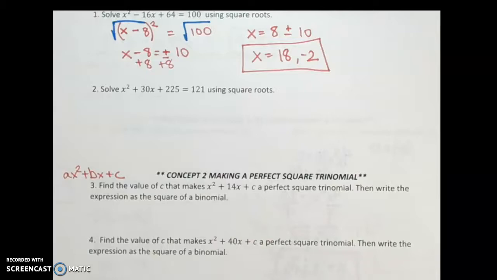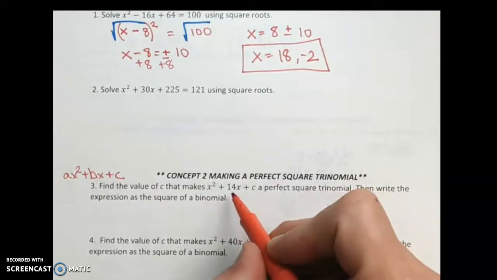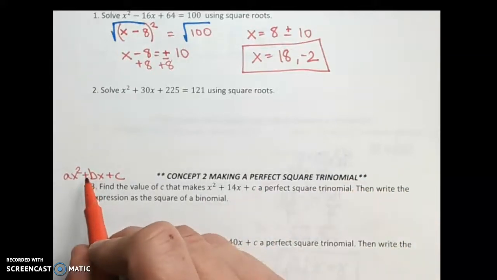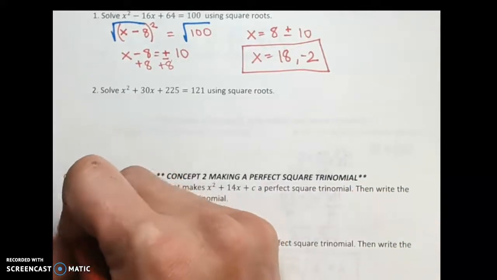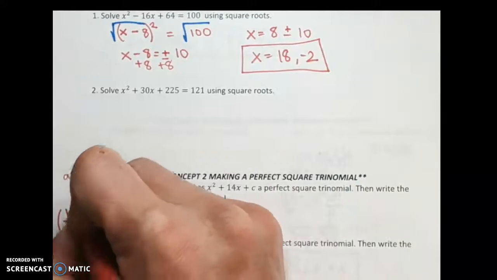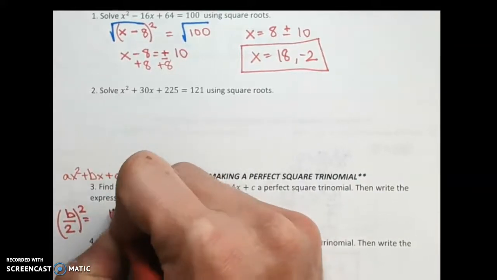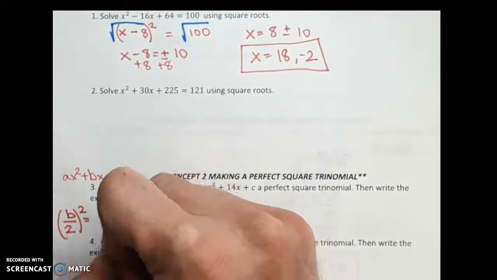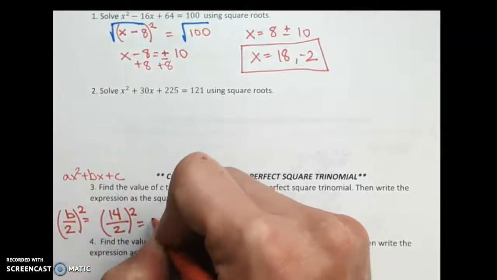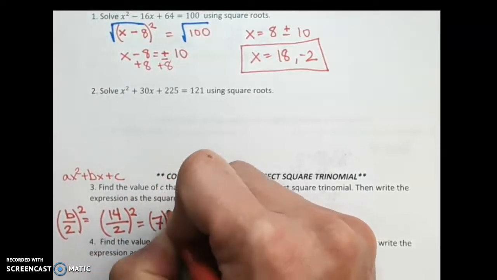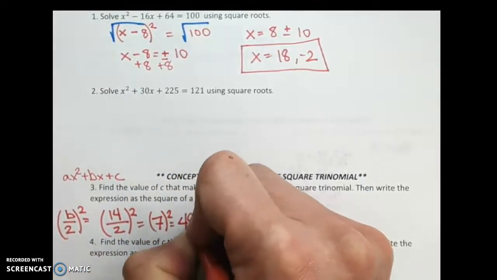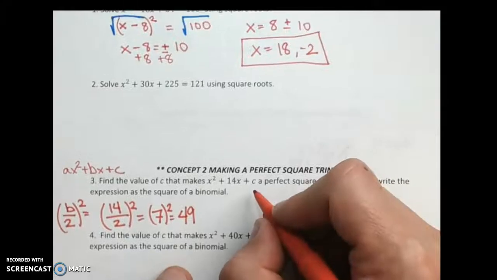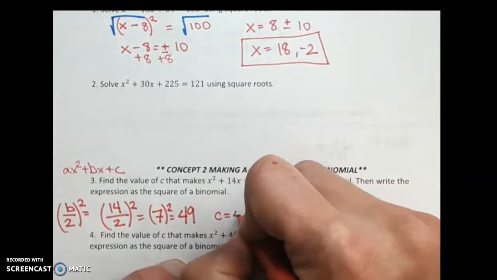Okay, so what I want to do is I'm going to take this 14, which is really my b term, right? So let me write this, b divided by 2 squared equals 14 divided by 2 squared, which is 7 squared, which is 49. So c equals 49.